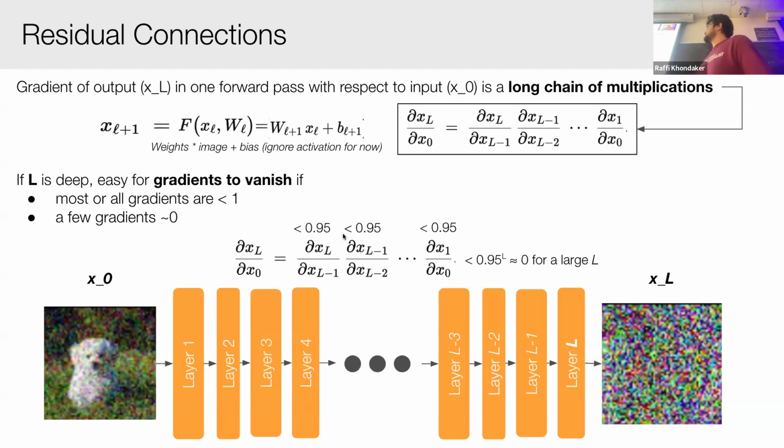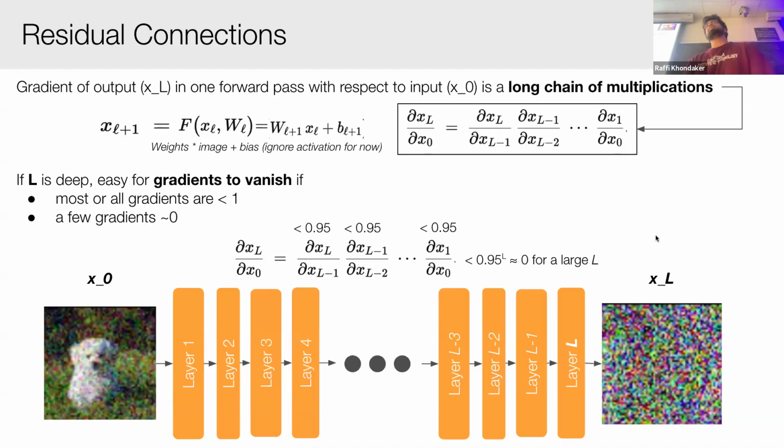If we have 100 layers and most of our gradients are less than one, what's anything less than one raised to a large power? Zero. Let's say all of our gradients are less than 0.95. If we have a bunch of layers, that converges to zero, which means we have a vanishing gradient. It's very problematic.